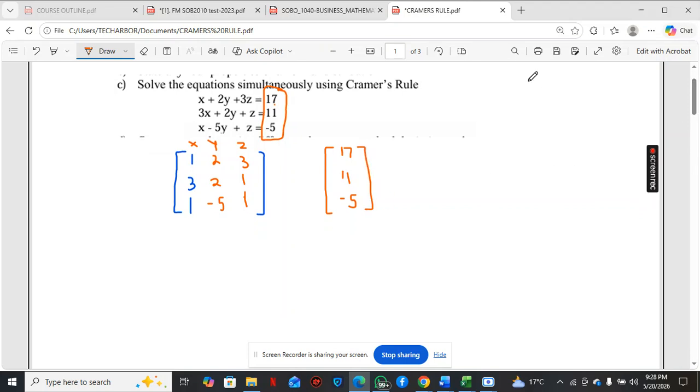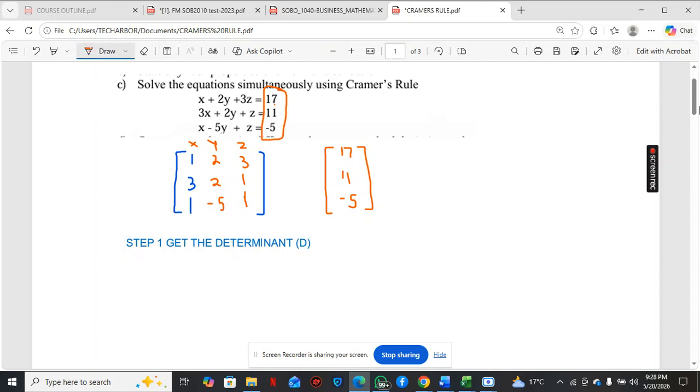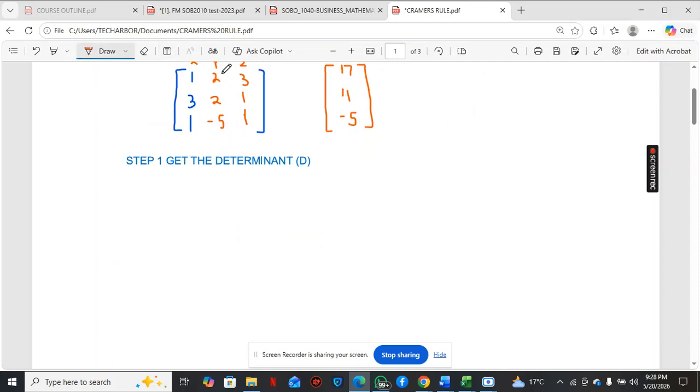Now we go to the steps. Step 1: get the determinant D. How we're going to get this determinant, we're going to use our coefficients matrix.